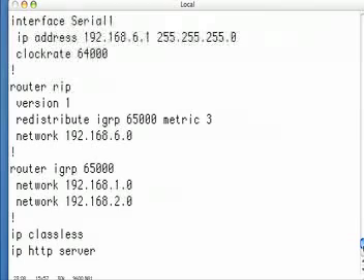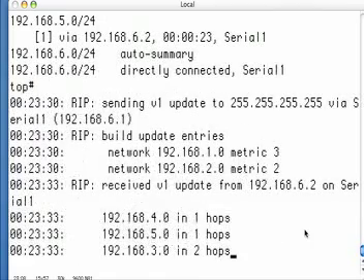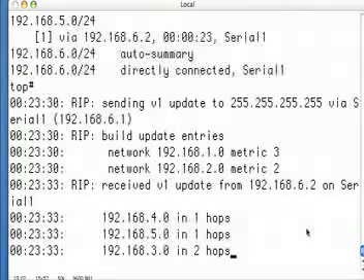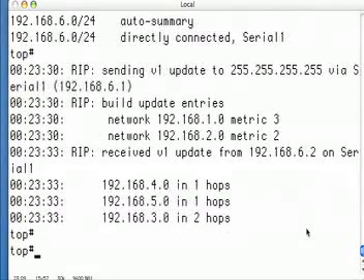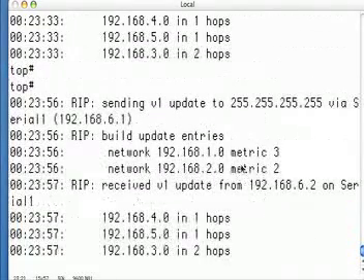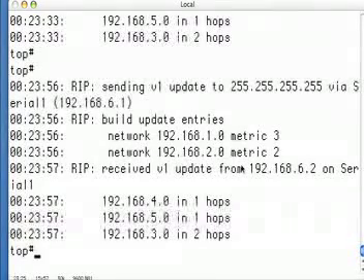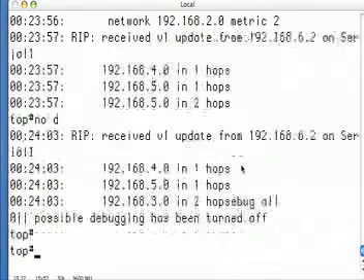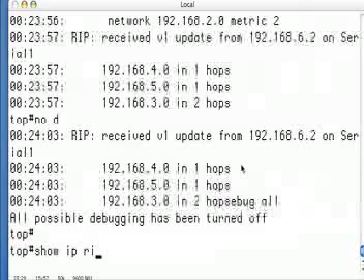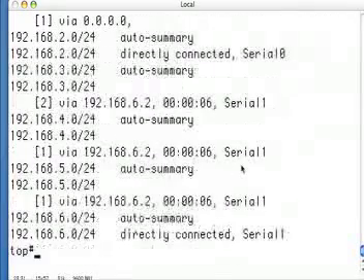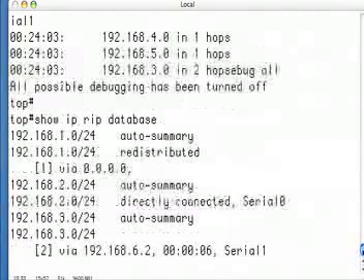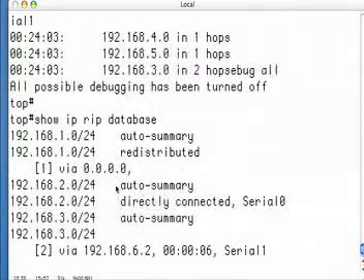Which is interesting. So no debug all. Show IP RIP database. And 192.168.2.0 is directly connected in RIP.